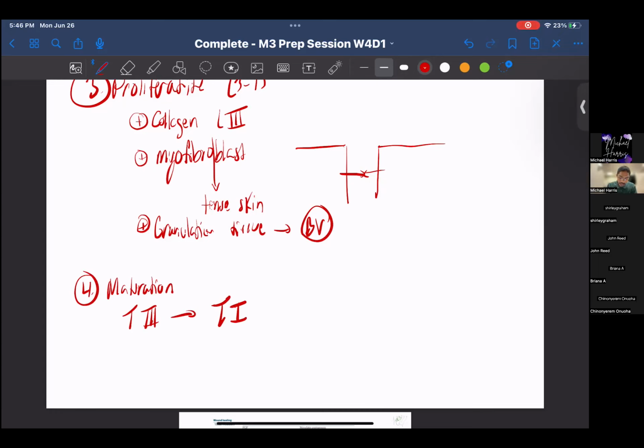Now, what do you think is the enzyme that's required for this? What's the enzyme required to break down collagen? Collagenases, yes, but let's be a little bit more specific here. What's the name of that collagenase?